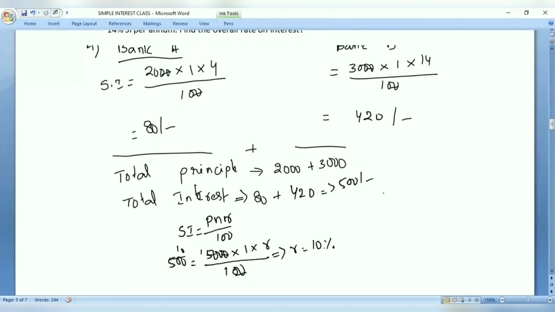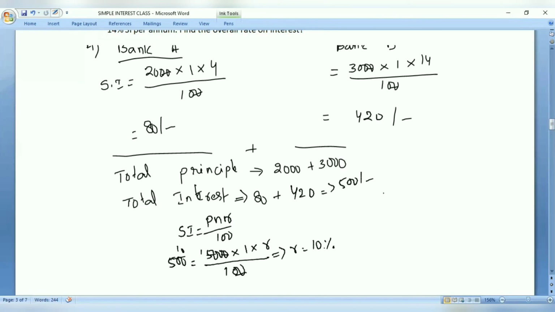Okay. So the problem says a person invested 2000 rupees in bank A at simple interest for 1 year. If the time period is not mentioned, consider it as 1 year. So he invested 2000 rupees in bank A at a rate of interest of 4%, and in the second bank, he invested a principal of 3000 rupees at 14% interest for 1 year. So we have calculated the individual interest that he earned after 1 year for those investments.